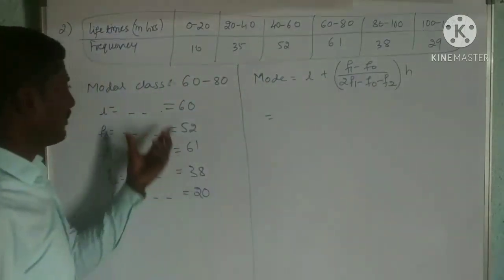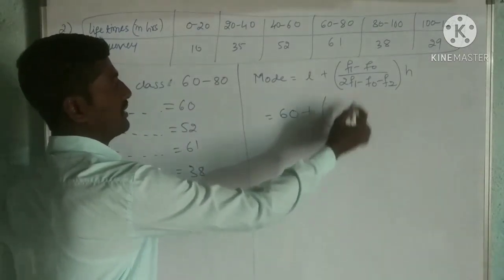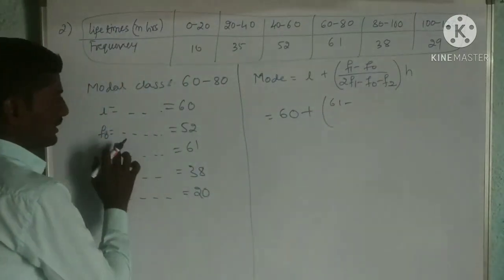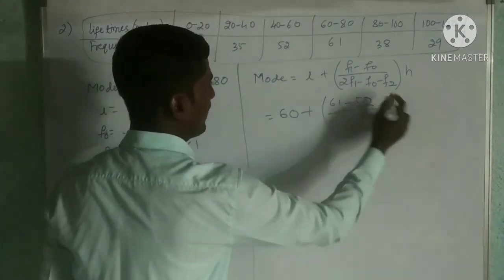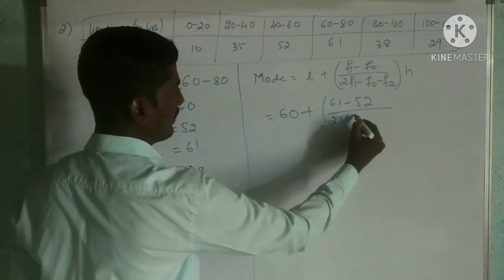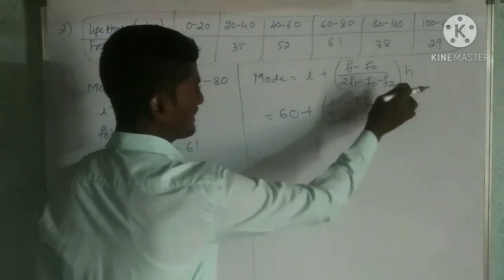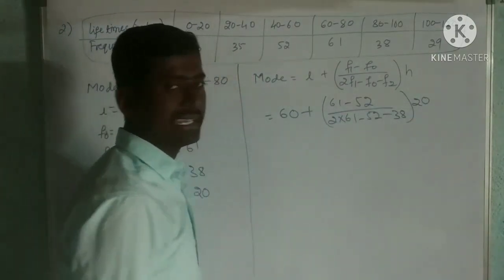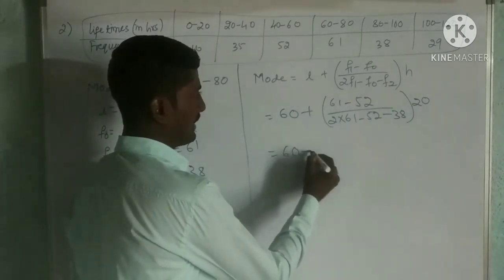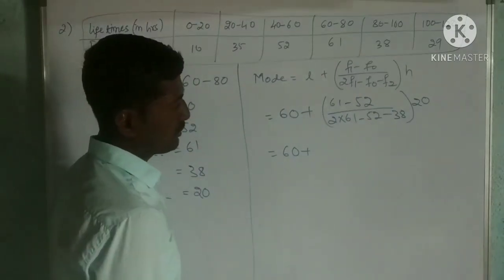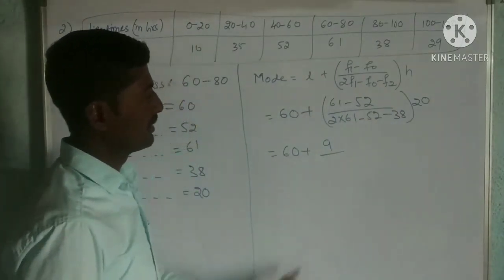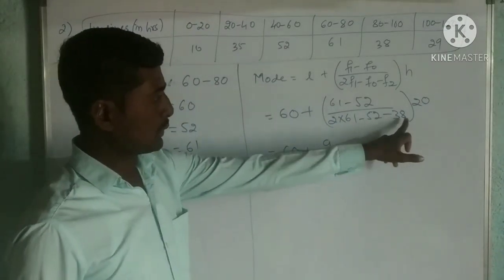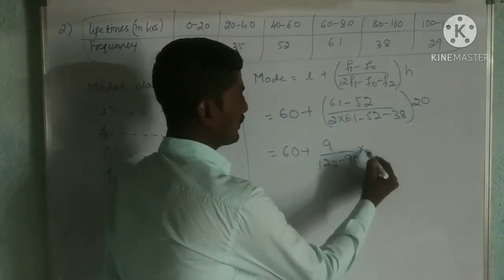Substituting: 60 plus (61 minus 52) divided by (2 into 61 minus 52 minus 38), into 20.